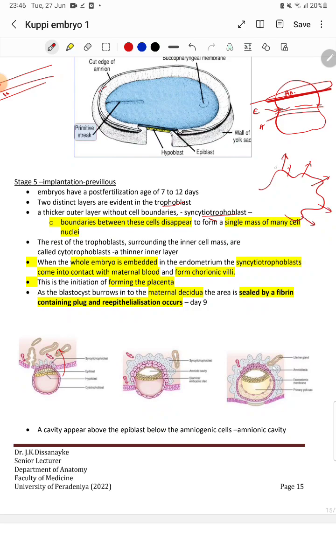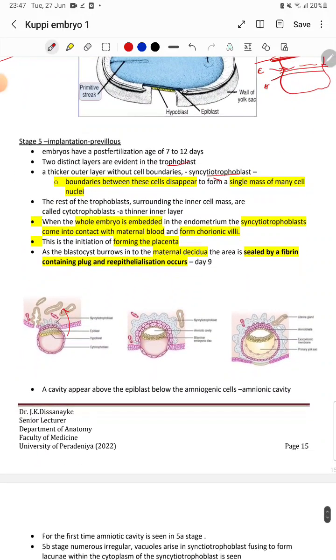It's able to break the maternal decidua, the maternal tissue, down, and it helps settle the entire structure inside the maternal endometrium. Yeah, the entire embryo.